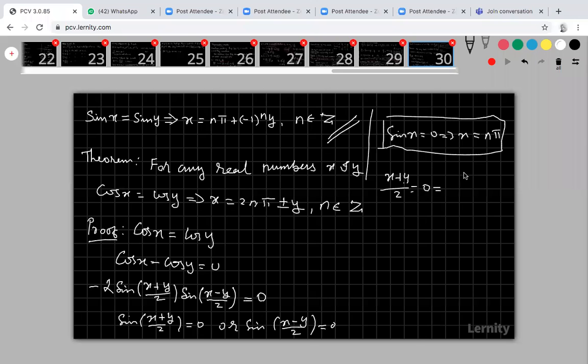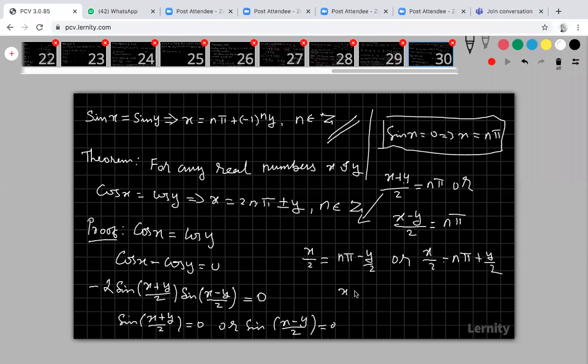So sine of (x plus y) by 2 equal to 0 means x plus y by 2 equal to n pi, or x minus y by 2 equal to n pi. Then what is the answer here? x by 2 equal to n pi minus y by 2, or x by 2 equal to n pi plus y by 2.